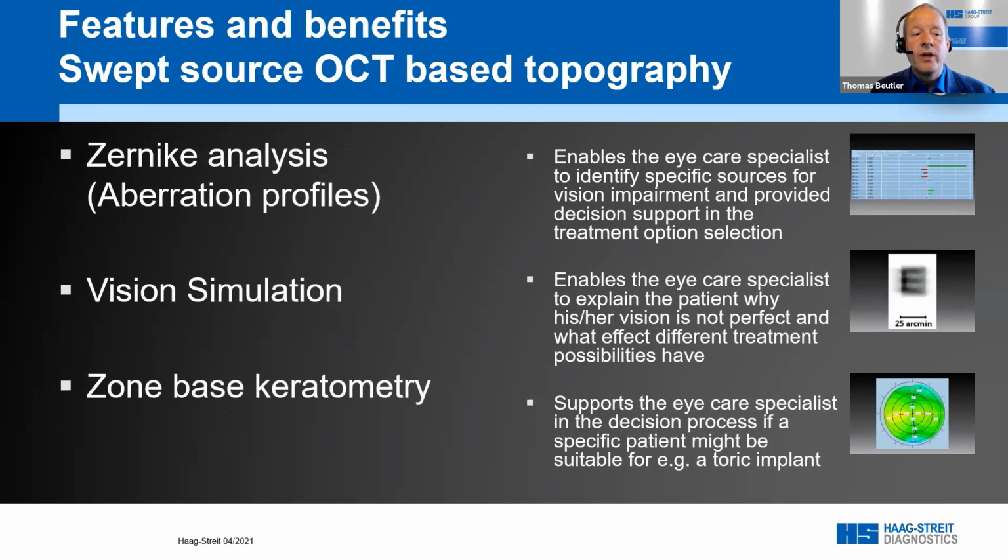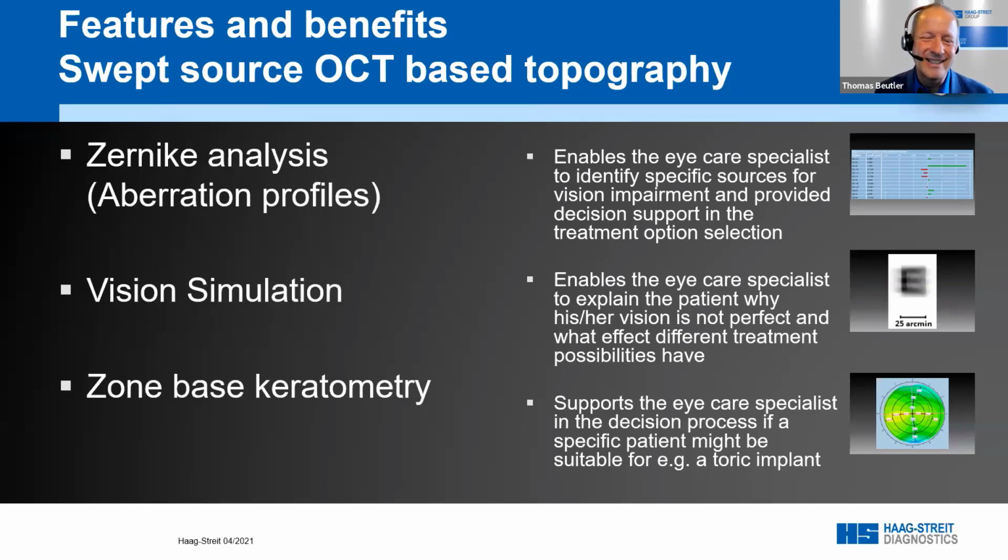We also do Zernike analysis with the data. We do vision simulation, and we do a zone-based keratometry. So what is the advantage of these three modalities? If you have the Zernike analysis, you can basically see what visual effect comes from what kind of imperfection of the cornea. So you can see coma, you can see sphericity.